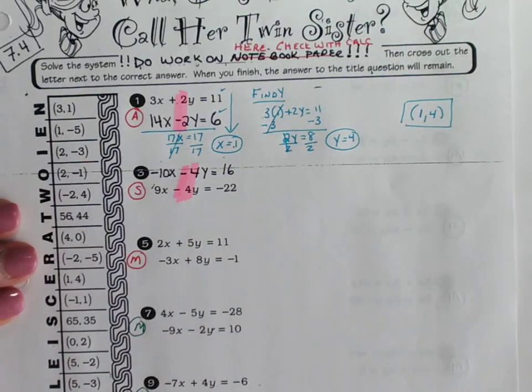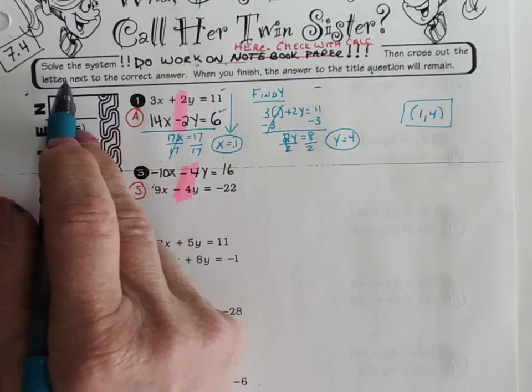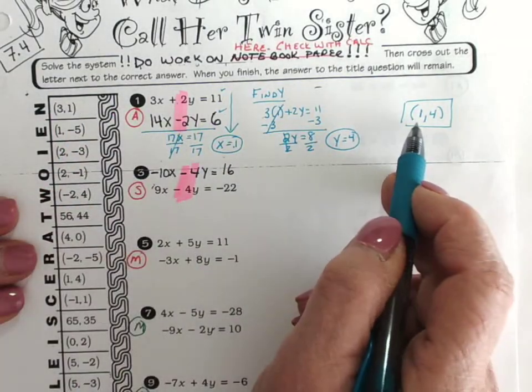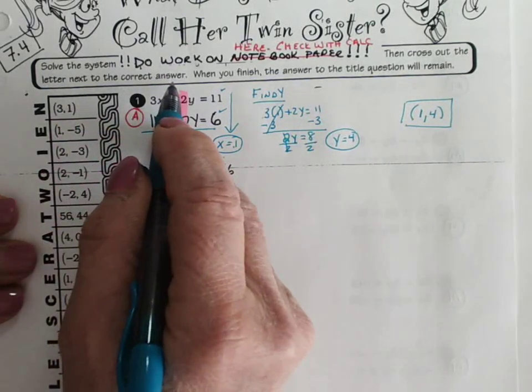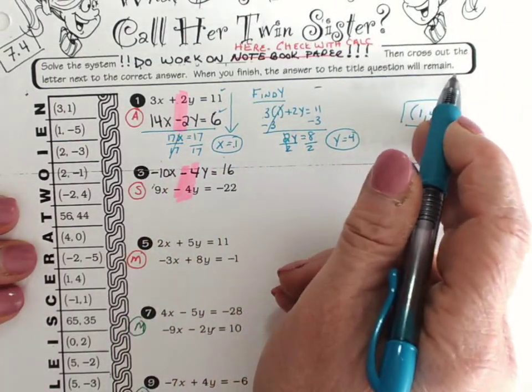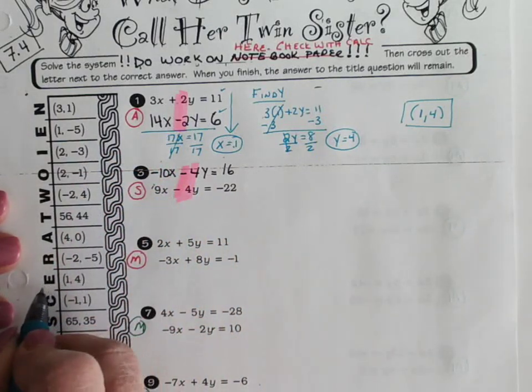So what you're then going to do, the way this problem works, is you solve the system. In this case, it's 1, 4. Then cross out the letters next to the correct answer. When you're finished, the answer to the title question will remain. So I have to look for 1, 4. Okay.